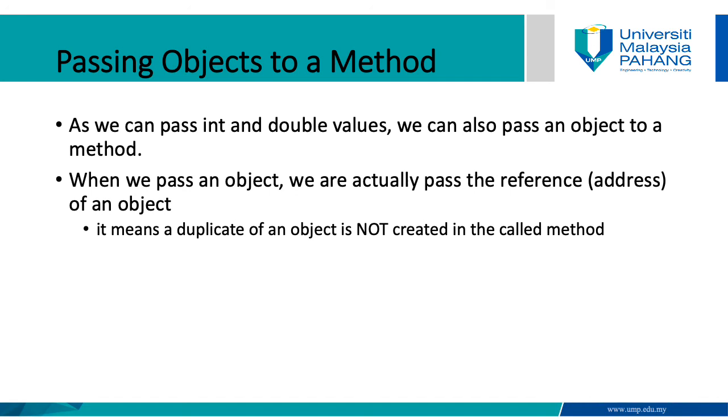When we want to pass an object, we are actually passing the reference, which is the address of an object. It means a duplicate of an object is not created in the called method. You will understand further when we look at the example in the next slide.